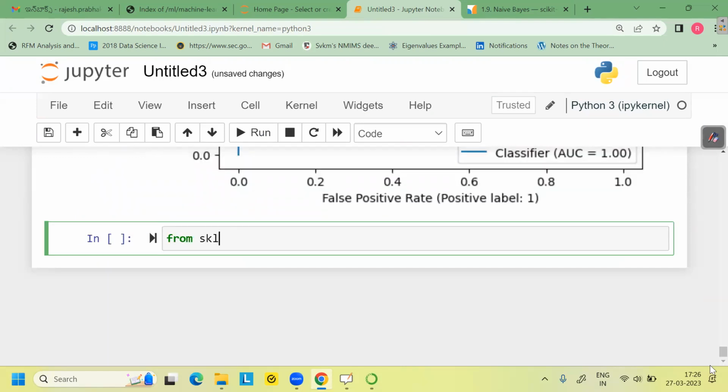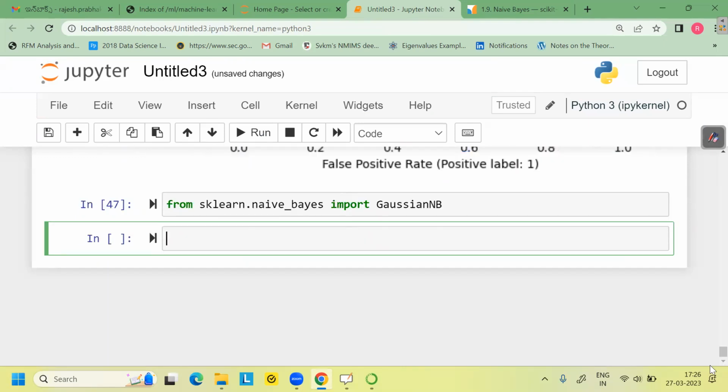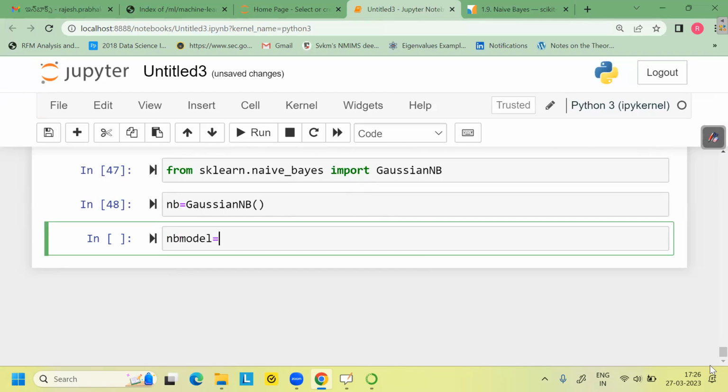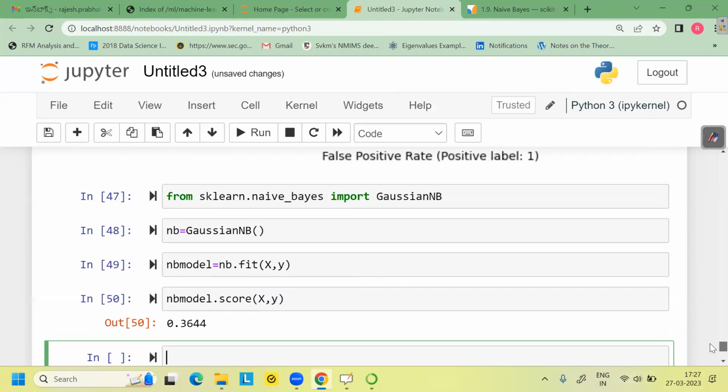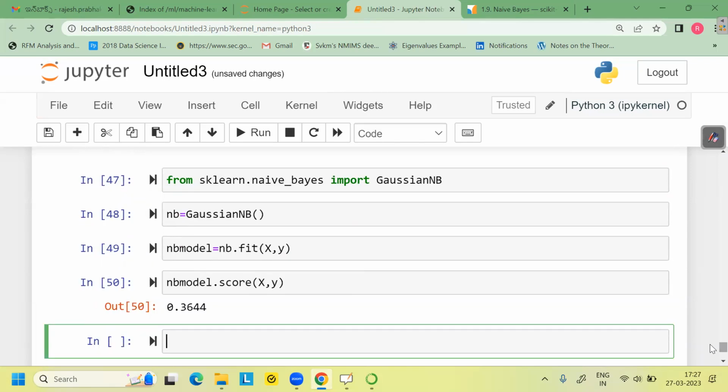Okay. Going forward, sklearn Gaussian naive Bayes. NB is equal to GaussianNB. NB model is equal to NB.fit(X, y), NB model.score(X, y). That is 64.4. Because a lot of them are 0s and 1s, we are thinking it is better to use Bernoulli.